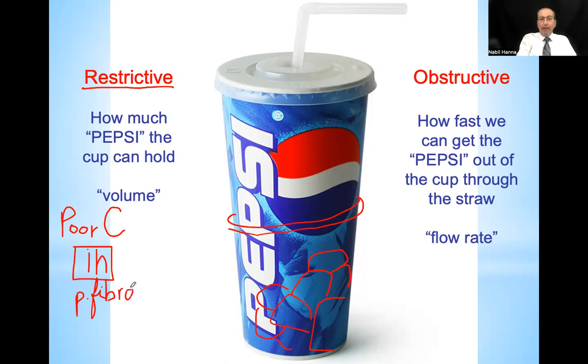Give me another example of restrictive lung disease, pulmonary edema. By the way, the restriction can be due to causes inside the lungs, like fibrosis and edema, but the restriction also can be due to causes outside the lungs, like what?